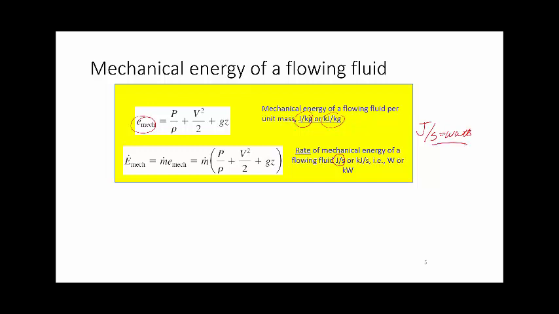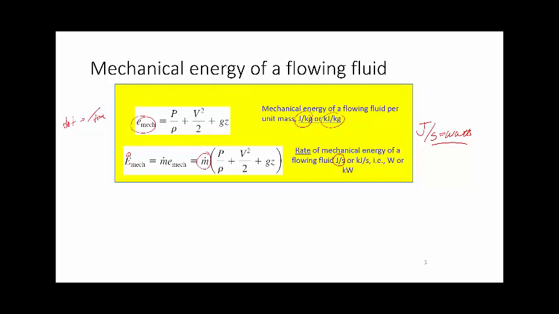Okay, so it's a rate. In order to obtain watts, you have to multiply the mechanical energy times a term called the m dot. Okay, the m dot, anything that has a dot, remember, means that it's per unit of time. So this is energy per time, which is power.